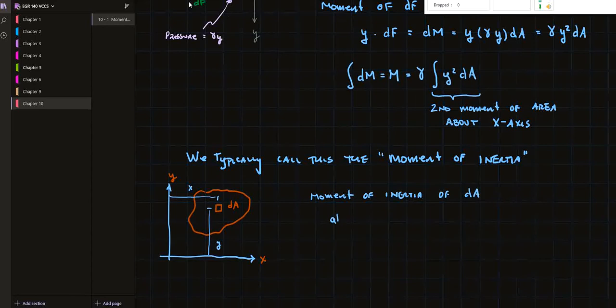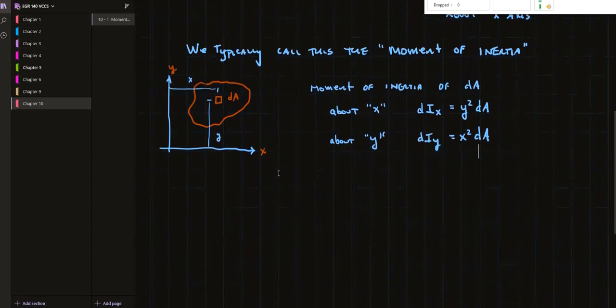First about x is just simply dIx. That's often what we refer to as the moment of inertia. About x, dIx equals y squared dA. And about the y-axis, we'll get dIy equals x squared dA.